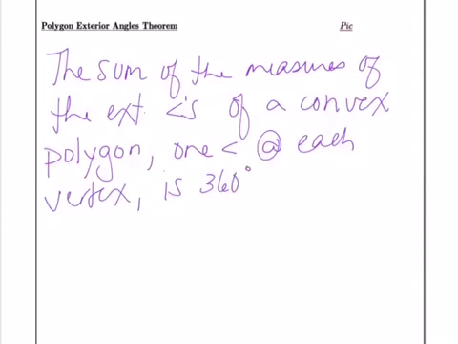So an example of this would be like this: angle 1 plus angle 2 plus angle 3 plus angle 4 equals 360.